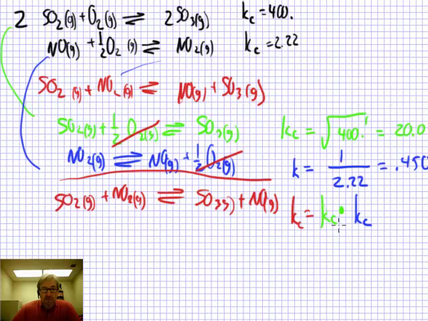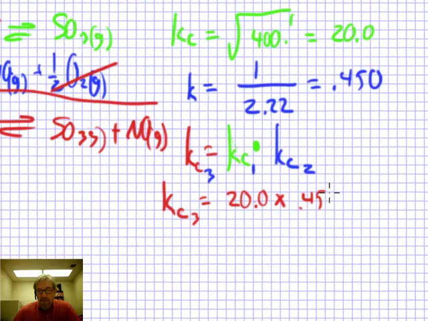So Kc1 times Kc2 is going to give me Kc3. Putting numbers to that, Kc for this third reaction, the sum of the two previous reactions, is going to be 20.0 times 0.450. And that comes out to 9.01.